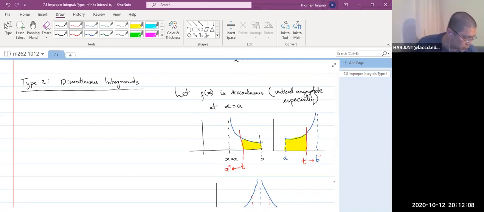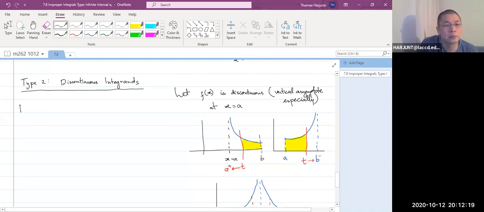Let's work on this. Suppose, for example, we do number 28. Integral from 2 to 3 of dx over square root of 3 minus x.